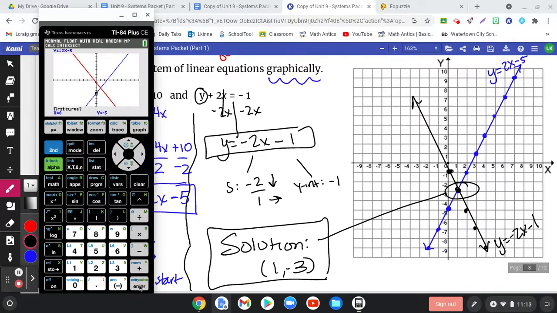All right, if you just hit enter 3 times, it'll tell you the intersection point, 1, -3. So a nice little trick to use if you're trying to find the intersection point. Maybe it's a decimal and you can't see it in the table. So again, we did second and then the trace button, which is calc, and choose intersect.